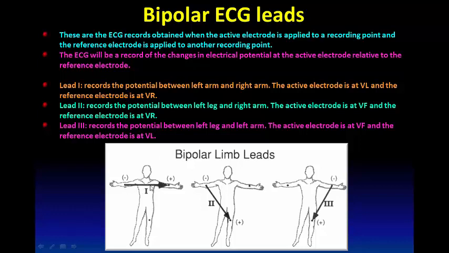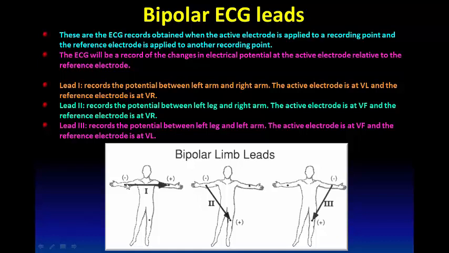Lead 1 is recorded when we place the active electrode at VL and the reference electrode at VR. So it records the potential between the left arm and the right arm.